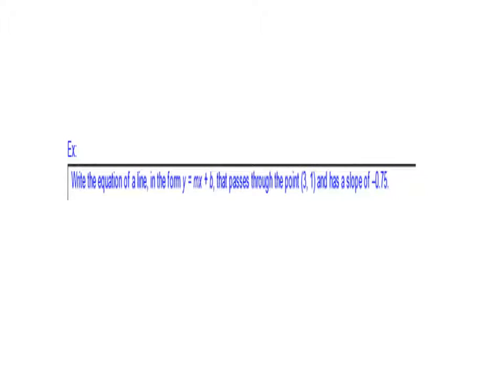Okay, so we want to write an equation of a line in the form of y equals mx plus b, that passes through the point (3, 1) and has a slope of negative 0.75. So think about what we did previously when we were looking at the verbal representation.